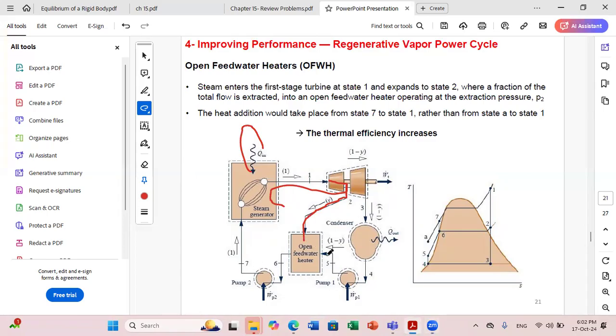Because if I heat using this stream my fluid that is exiting pump 1, from 5 to 6, I can reduce the total value of Q dot N.